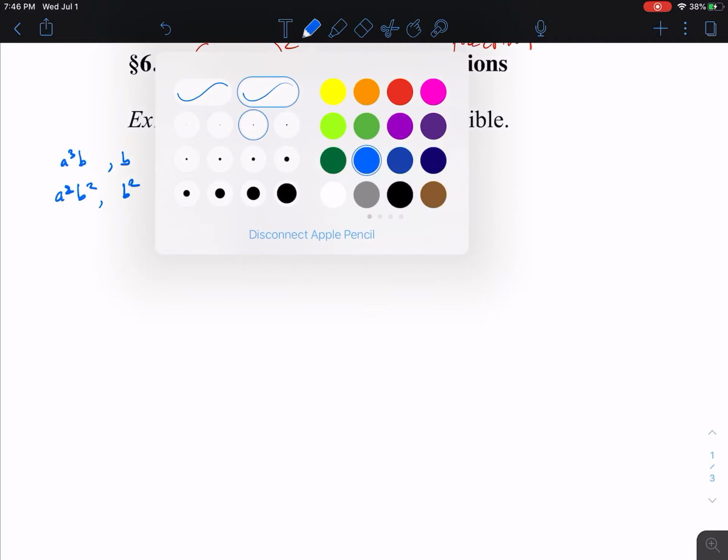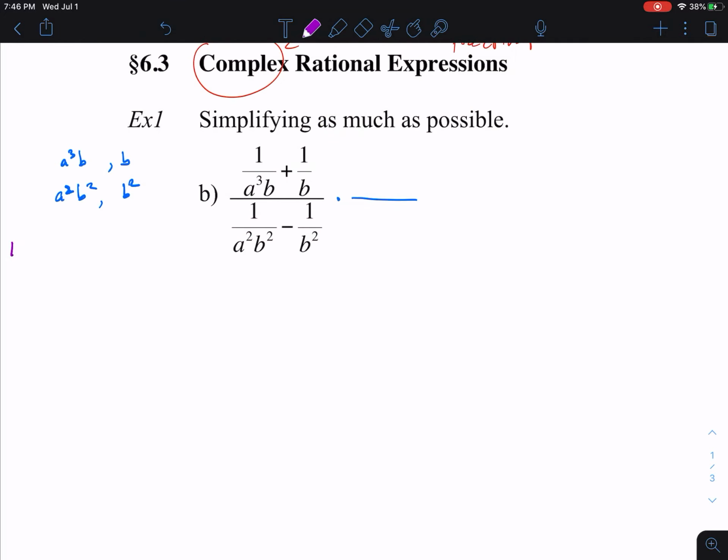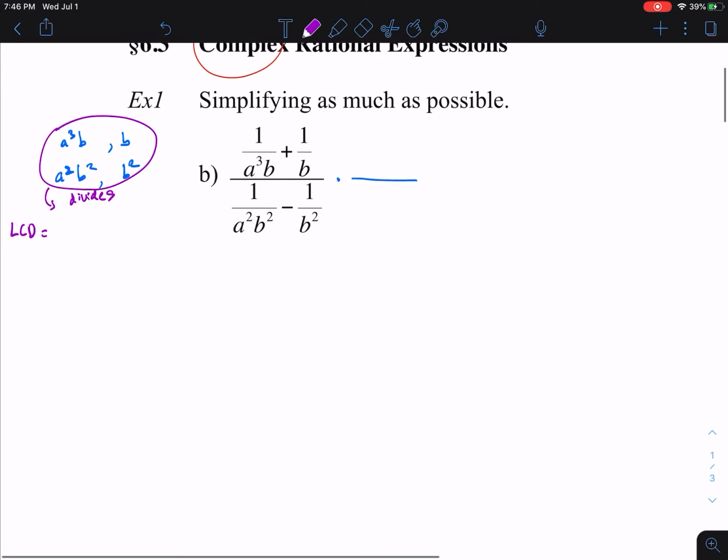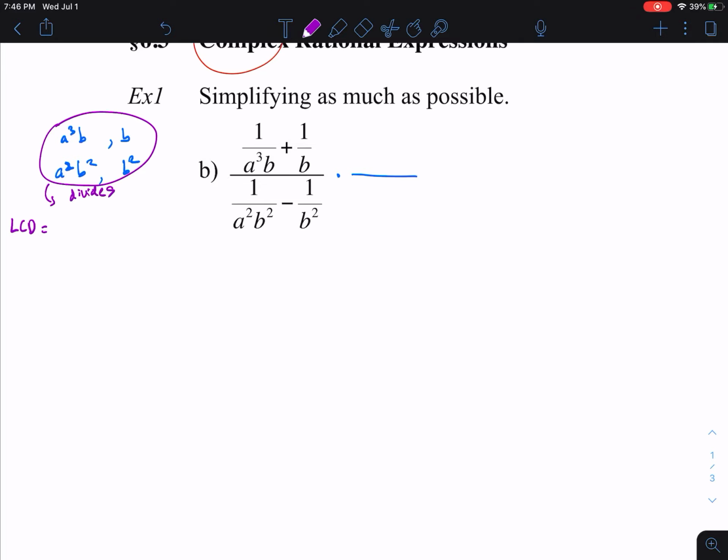So to use an LCD that will contain all these denominators' factors, so that all these denominators will divide into it, we want to pick the smallest; that's what LCD stands for, lowest common denominator. This LCD will contain factors a and b.